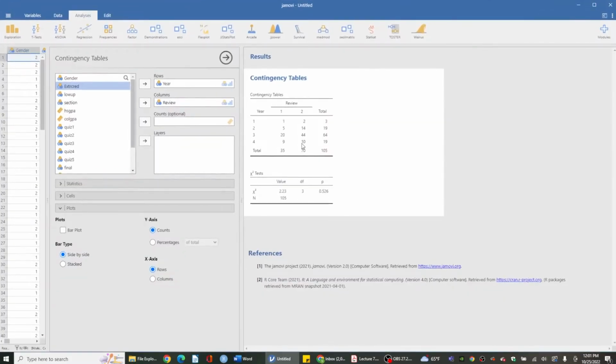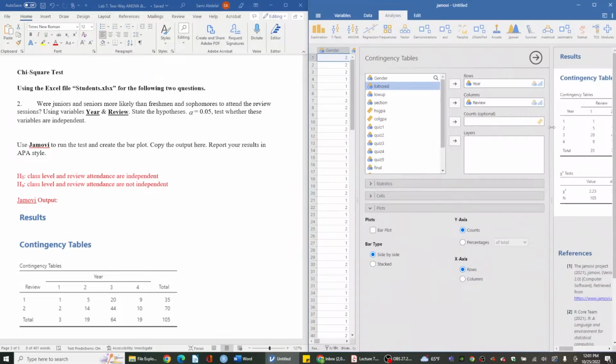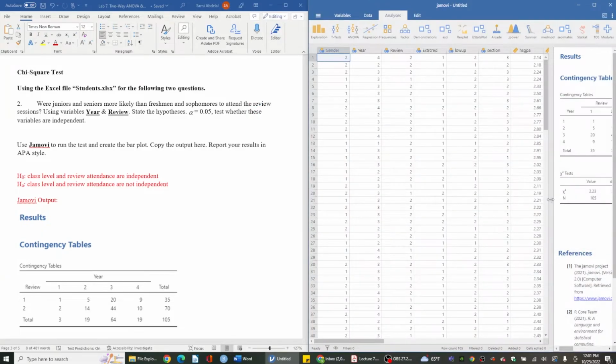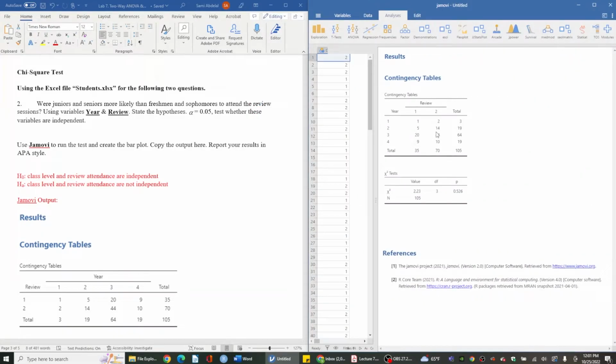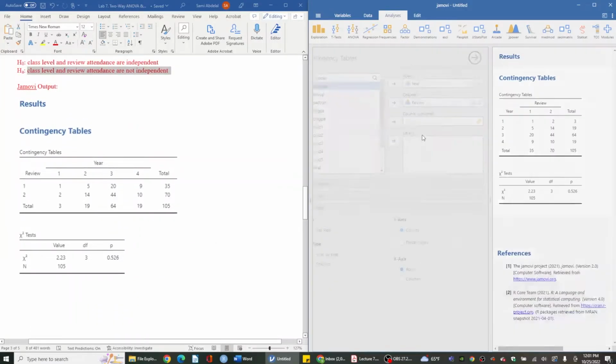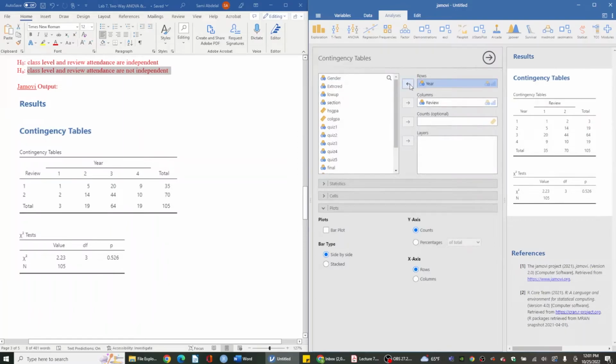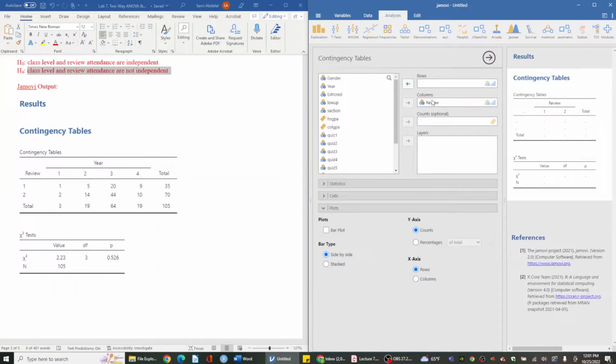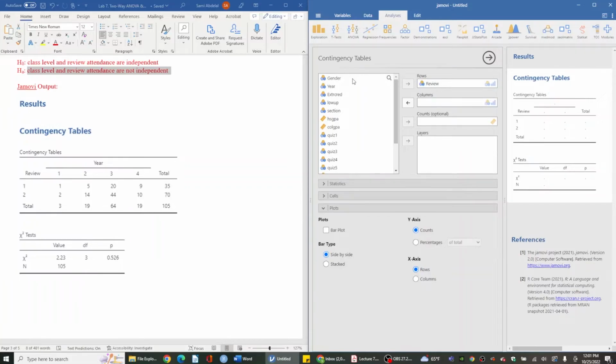And you can see here right away, this table looks a little bit different from this table, right? So we can solve that problem and make this table a lot easier to read by just switching these variables around.